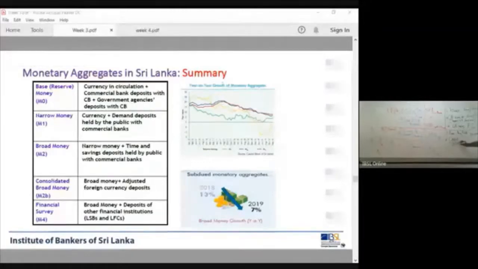The central bank gives loans to the government and financial institutions. That is included here. Then we have commercial banks also giving loans to the government, to corporations, and the private sector.